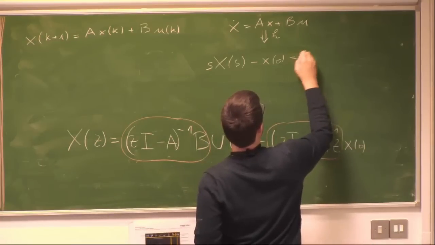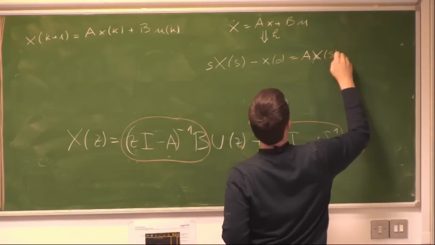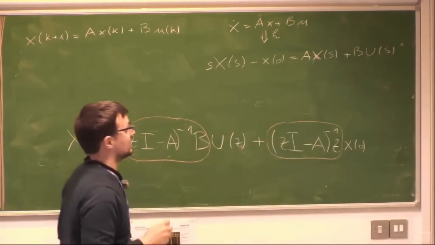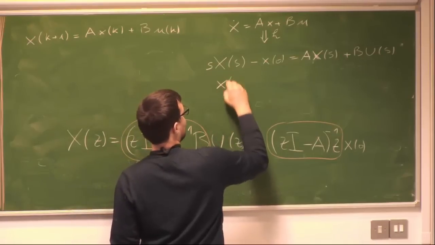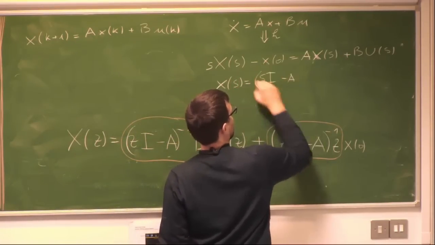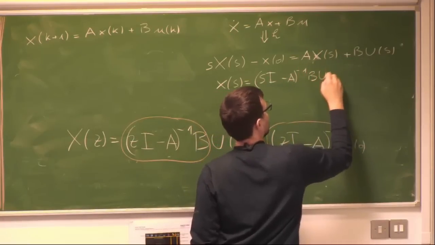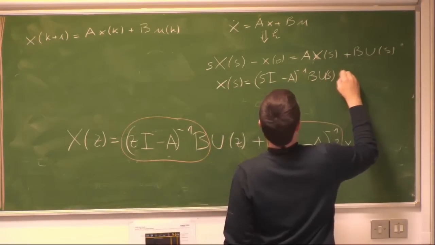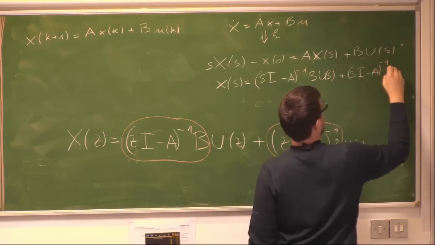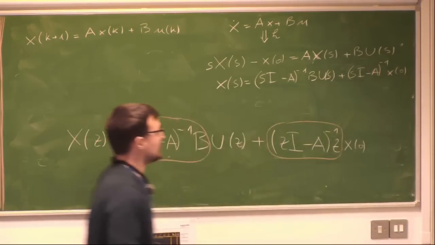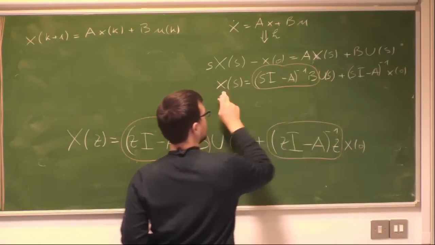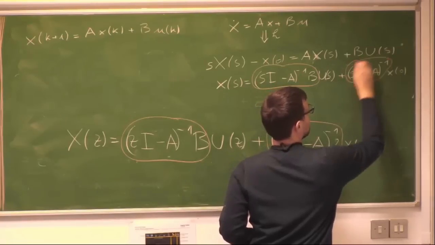On the other side, we have A X of s plus B U of s, where U of s is the Laplace transform of u. And here then we have that X of s is equal to sI minus A to the power minus 1 B U of s plus sI minus A to the power minus 1 x of 0. So we see that also in continuous time we have a very similar expression. Here we have the transfer function between input and state, and here we have the transfer function between initial state and state.